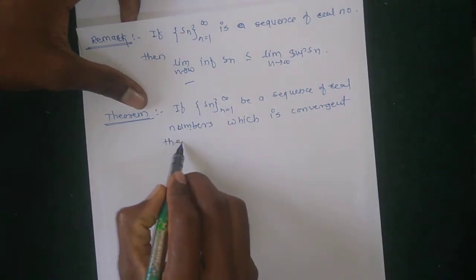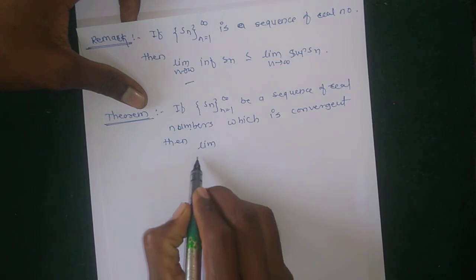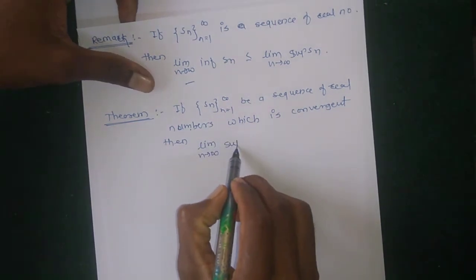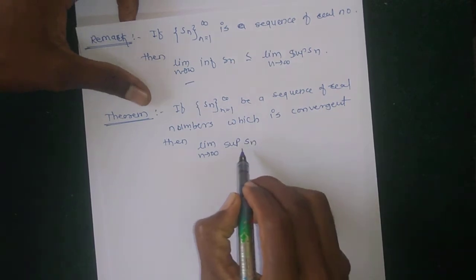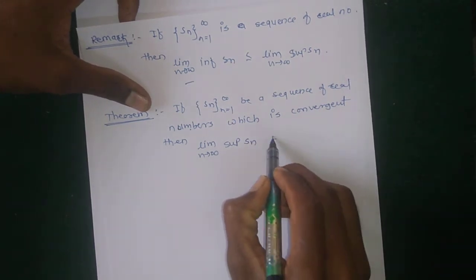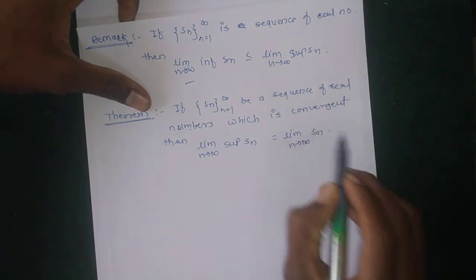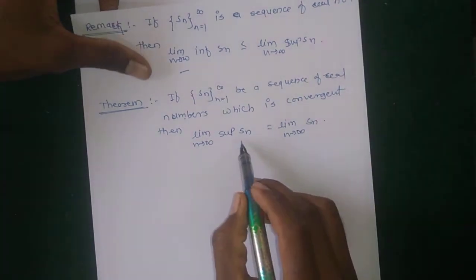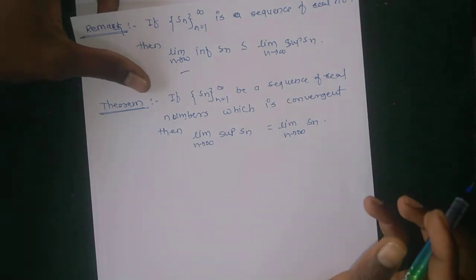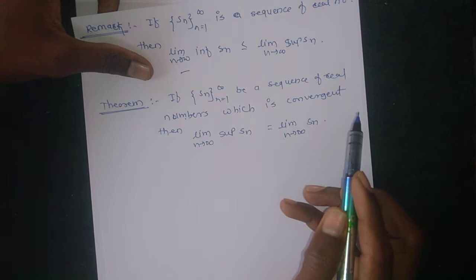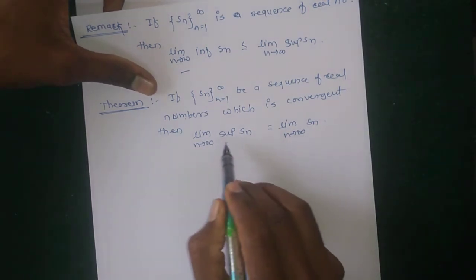then the limit superior of Sn is equal to the limit of the sequence Sn. Every convergent sequence of real numbers satisfies this condition.